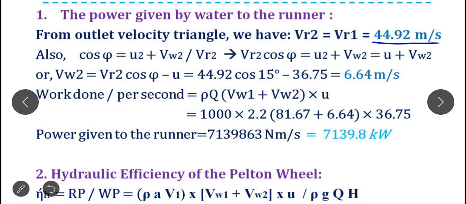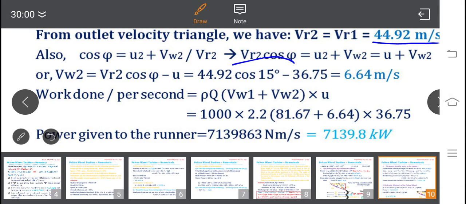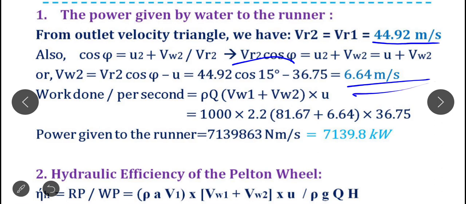Also, cos phi is equal to (U2 plus VW2) divided by VR2, which implies VR2 cos phi is equal to U2 plus VW2, that is equal to U plus VW2, or VW2 is equal to VR2 cos phi minus U. Just mathematics. You have to practice on paper by writing, then you will not have any doubt or confusion. 44.92 cos 15 minus 36.75, you get 6.64 meters per second.